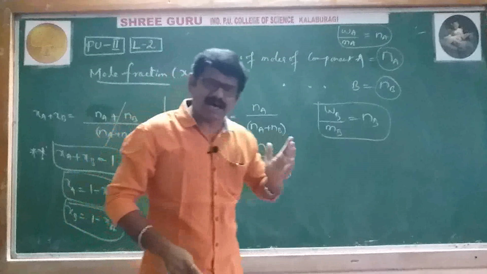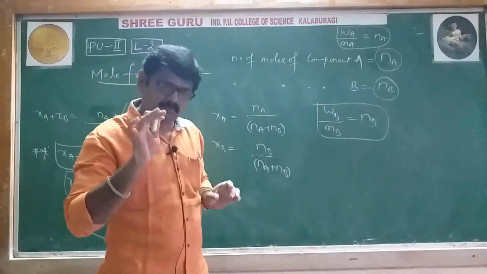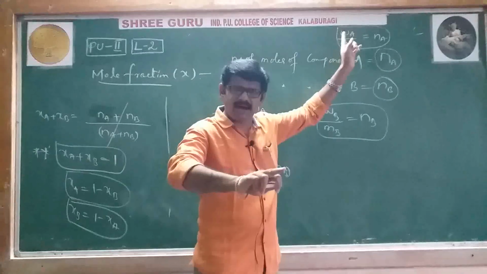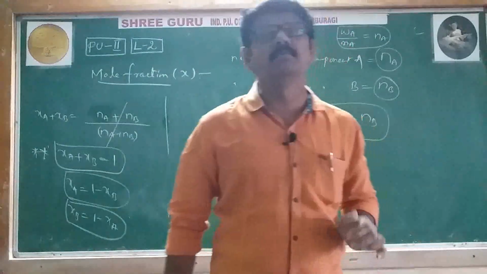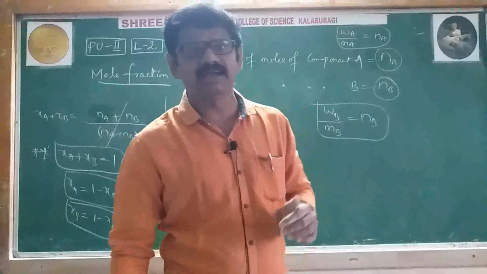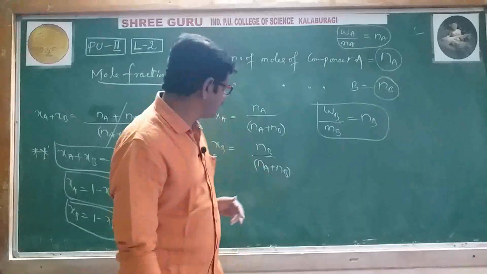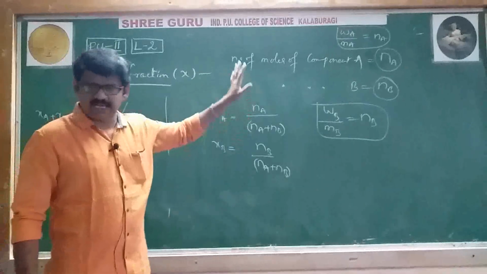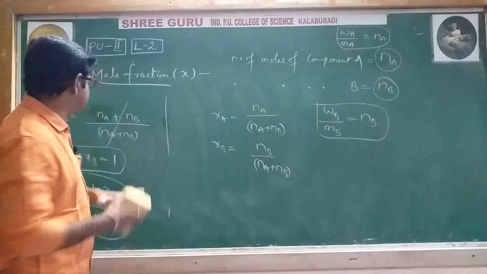If moles are given directly in the question, there is no problem. If moles are not given and mass is given, you have to convert that mass into its corresponding moles just by dividing by its molecular mass. Okay? This is about the mole fraction concept. Now, based on this mole fraction, we'll solve some questions.